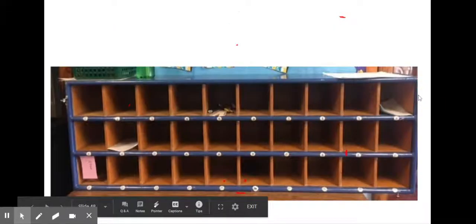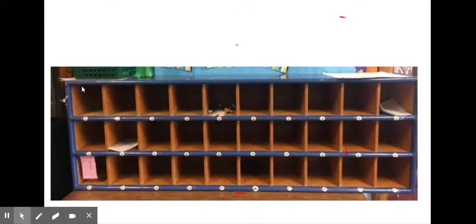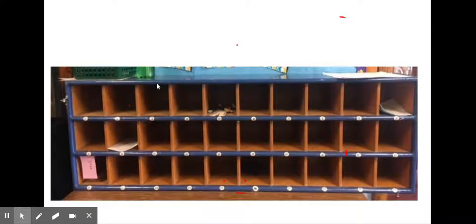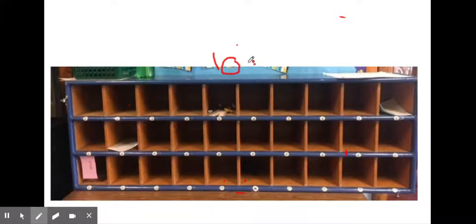Okay, another example is this mailbox. We're talking units, and we could count all the way across. Remember, we're looking for the perimeter, the distance around the outside of a figure. So I can count 1, 2, 3, 4, 5, here to here, 6, 7, 8, 9, 10. So it's 10, maybe we'll say centimeters. This is a rectangle, and we learned that the opposite side lengths are the same, so that's going to be 10 centimeters as well.